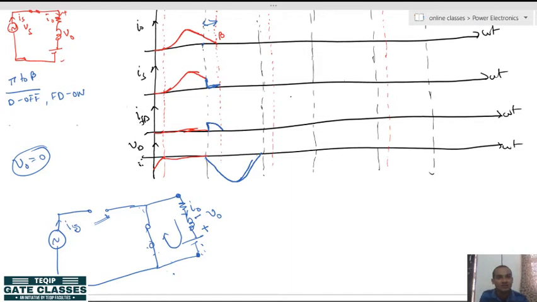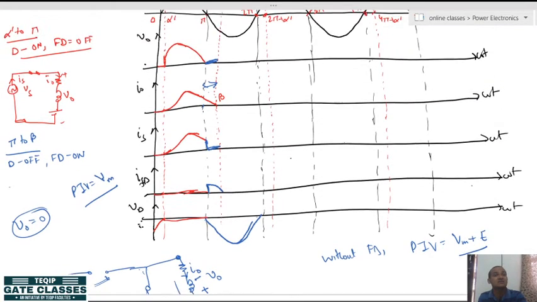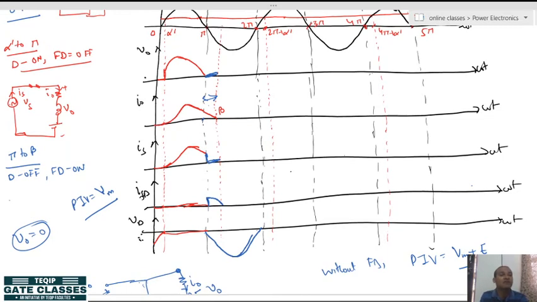Here again you see that the PIV rating of the diode is Vm only. But without the freewheeling diode, the PIV rating of the diode was Vm plus E. So these are the advantages of using a freewheeling diode.